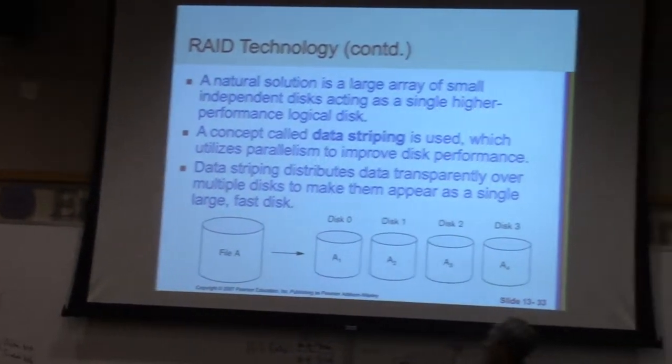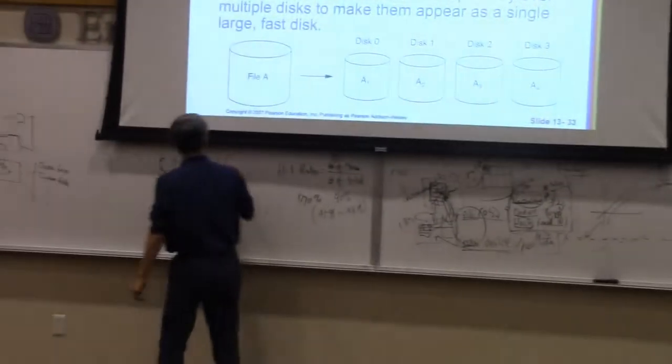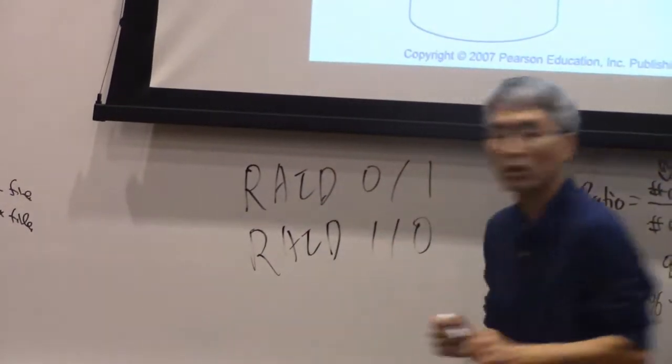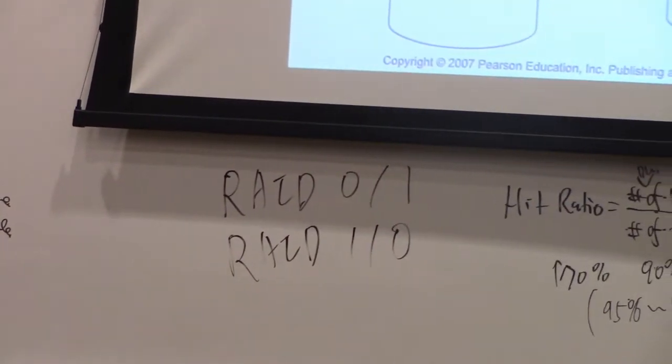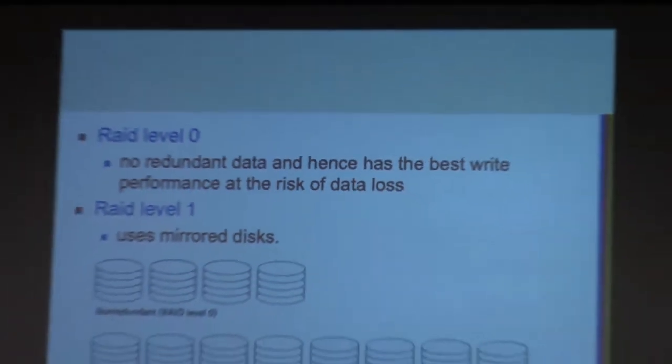But you can just keep in mind only this one: RAID 0, 1, or RAID 1 or 0. RAID 0 means striping. Okay?